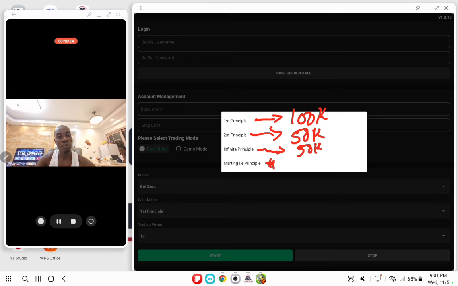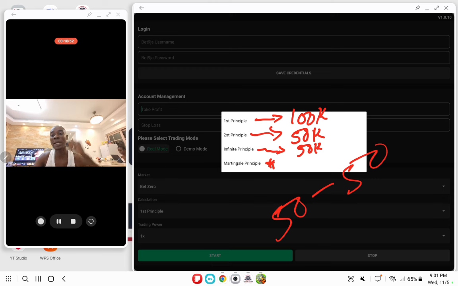Now because it's fast in making profits, before you lose that amount, maybe you still use your stop loss. Maybe you set your stop loss to 30,000 naira or 25,000. Before it's going to lose that amount, there is a 50-50 chance that it is going to have already made that amount as profit for you.